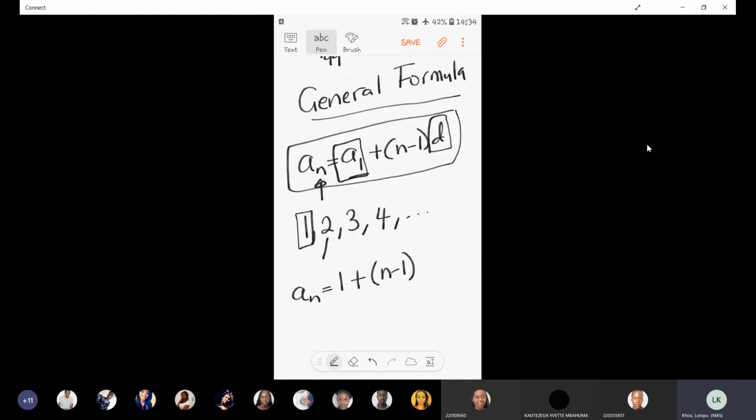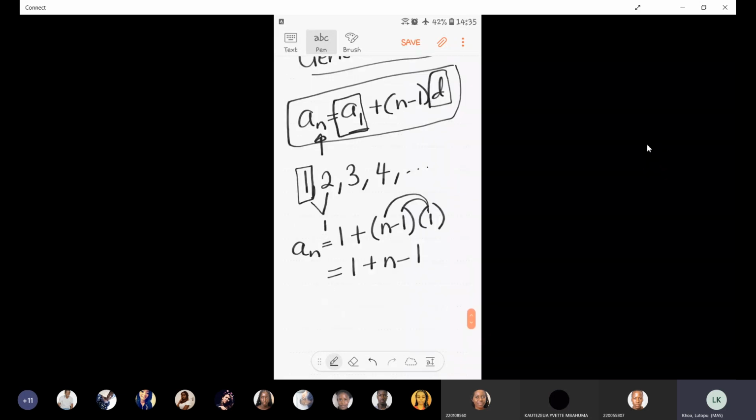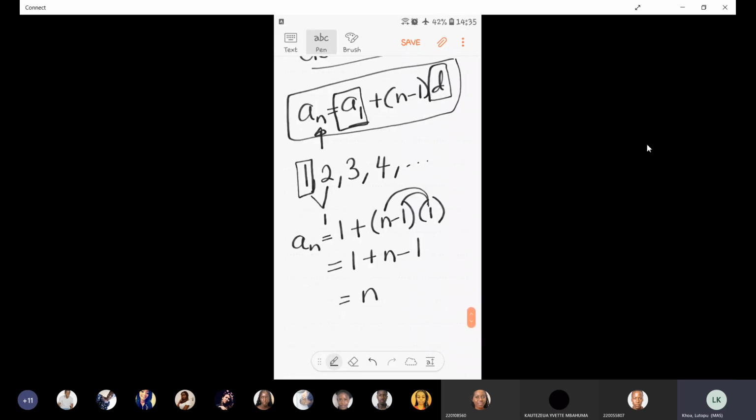I said 2 minus 1, which is 1. So here my a sub n is given by 1 plus n minus 1, and this is just equal to n. So the nth term in the sequence is just n.